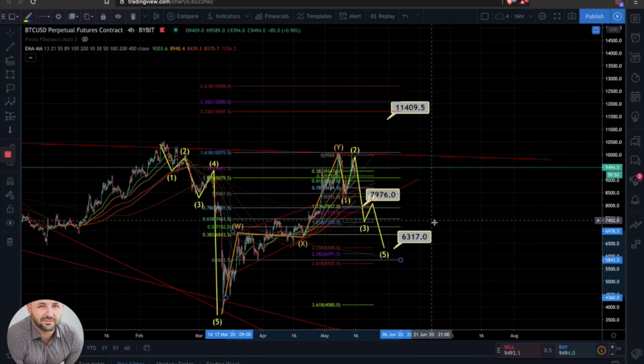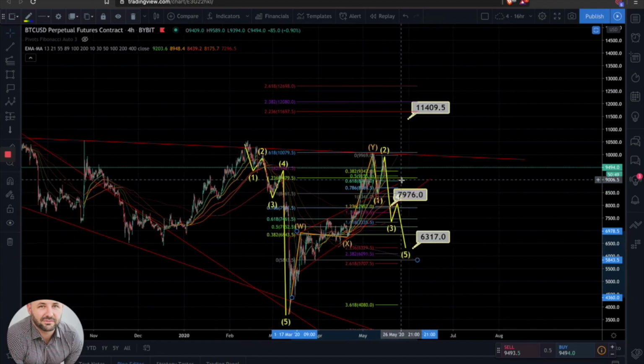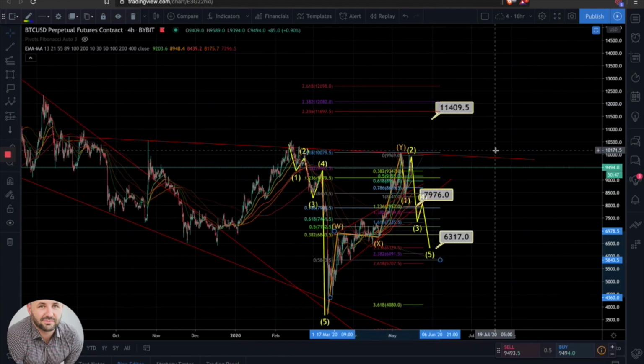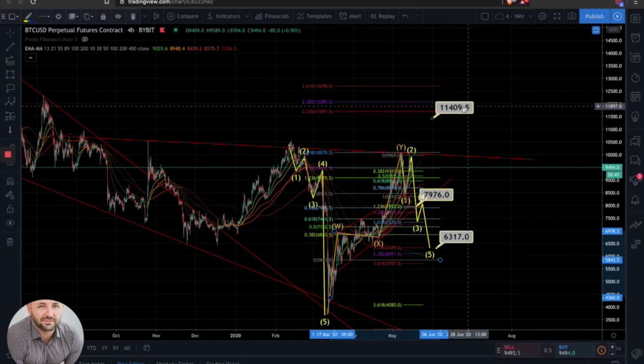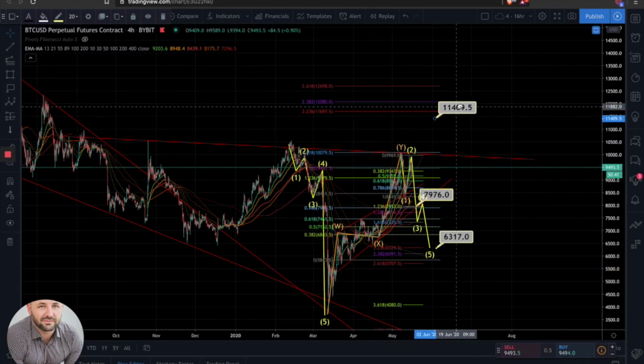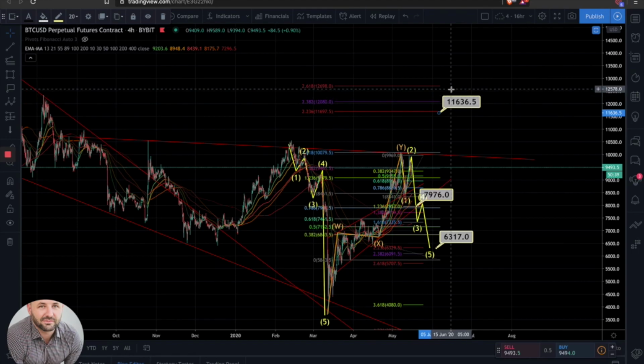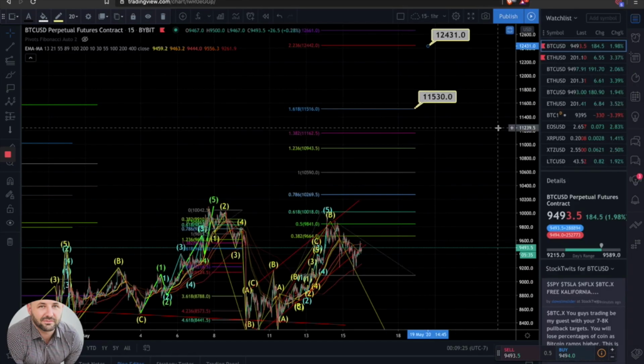Which, if we really get going and we break new highs, it wouldn't surprise me if we get a little extra bullish and extend past that. So that is a potential to look at if this does end up turning into something that is going to be a little bit more bullish.